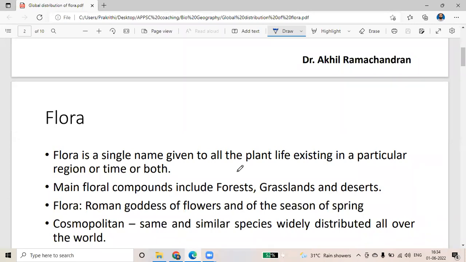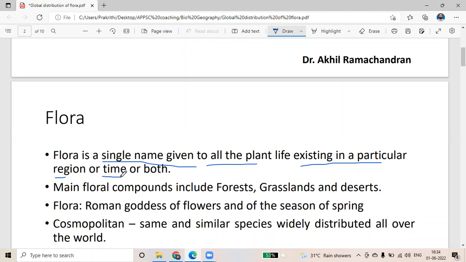Whatever the plants or the combination of plants in that particular region, that is called the flora. So what is flora? Flora is a single name given to all the plants existing in a particular region or in a particular time period.